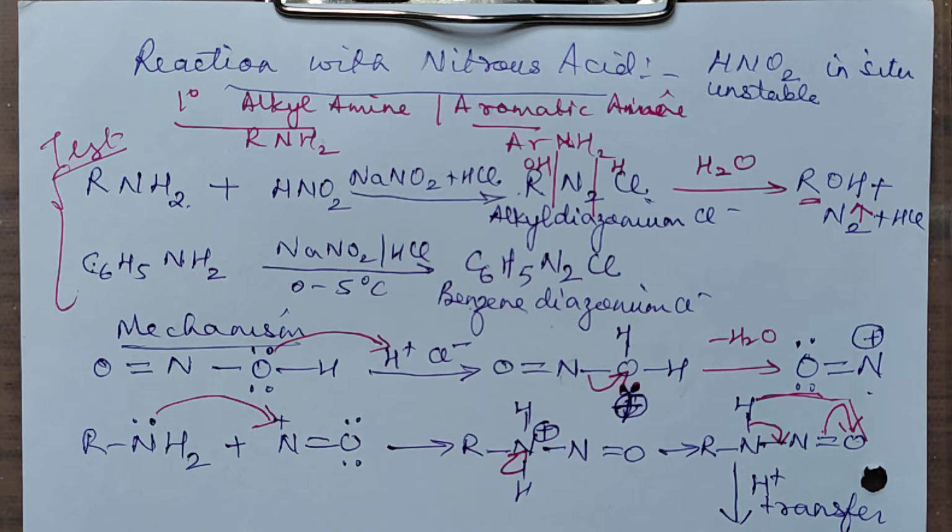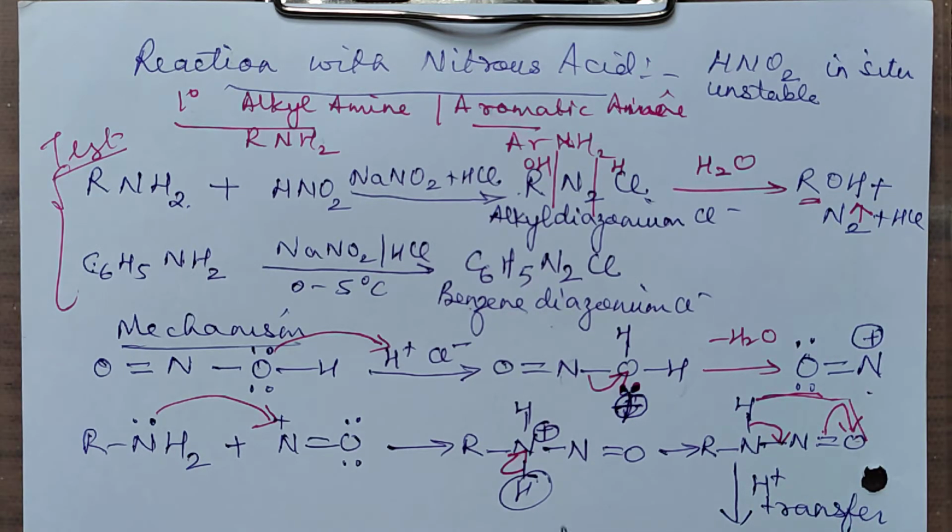So what transfer has taken place? I am writing it now, R, N. This is now a double bond in between the two. This is a single bond, O and H. Fine. Now this H had come out from here, right? This did not get attached anywhere. Now this O is having a lone pair, so that will definitely have a tendency to pull this H towards itself.